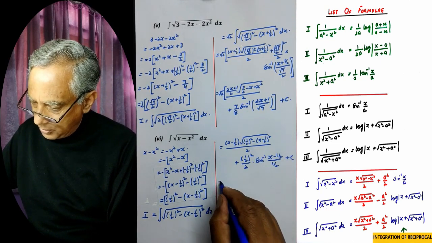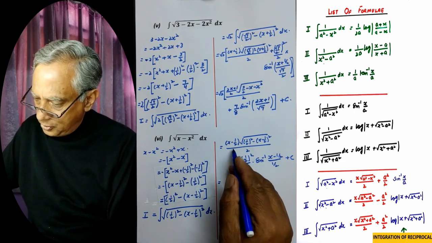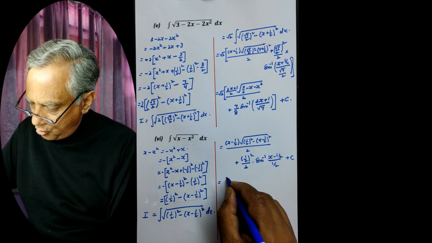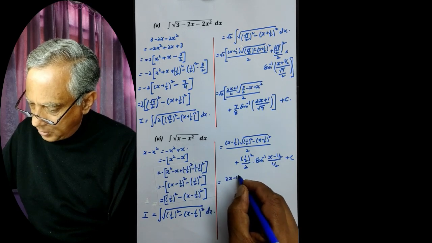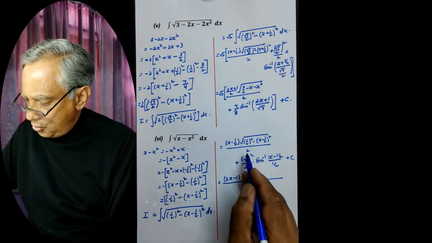So this is equal to, LCM of this will be 2. So this will be 2x minus 1, and I am writing this 2 in the denominator.